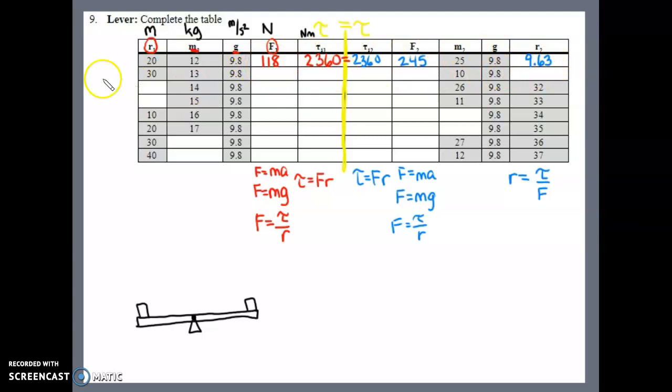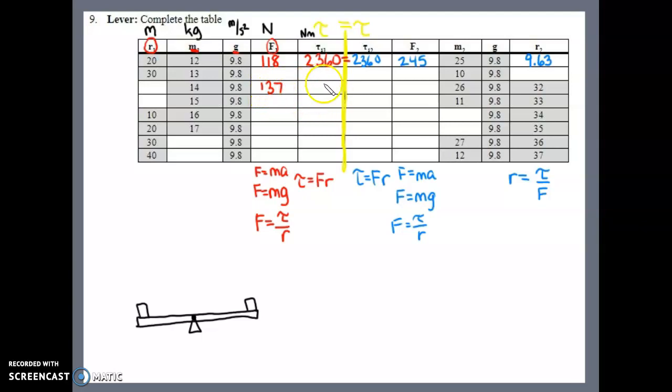So that's that one. The next one is the exact same layout, so I'll do the same process. But let's get down here where I don't have the radius on this side. I can still do my force. So 14 times 9.8, I get a force of 137 newtons.